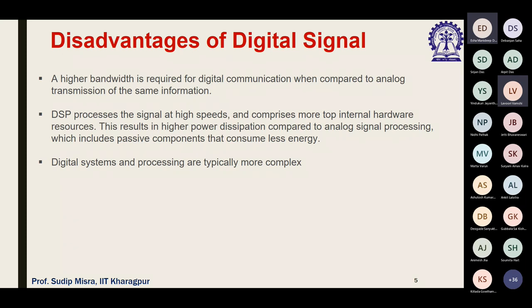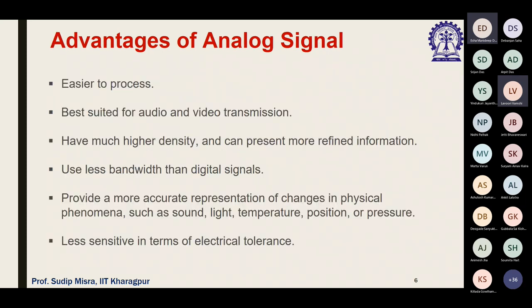So again, let us look through the advantages of analog signals. That was the digital; this is the analog. Analog signals are easier to process. These are best suited for audio and video transmission, because the data over there are also analog. They have much higher density and can present more defined information.